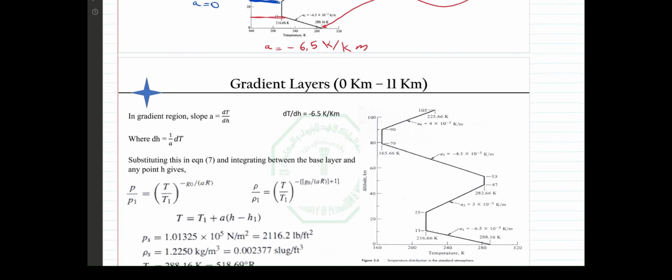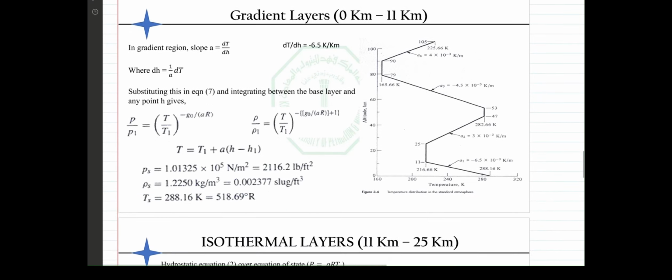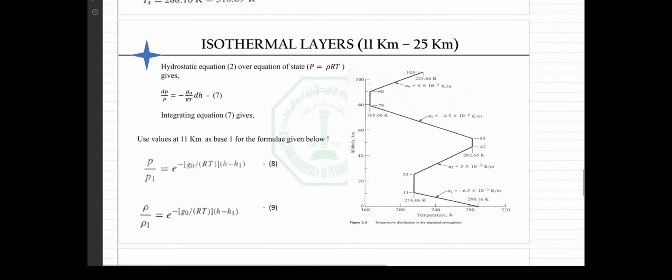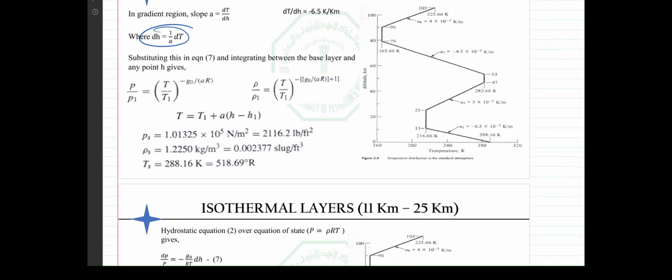And here a equals the difference in temperature over the difference in height, which is also calculated here, negative 6.5 Kelvin per kilometer. We can also solve simultaneously by substituting for dH. So dH equals dT over a, and this we will substitute in equation 7 here.